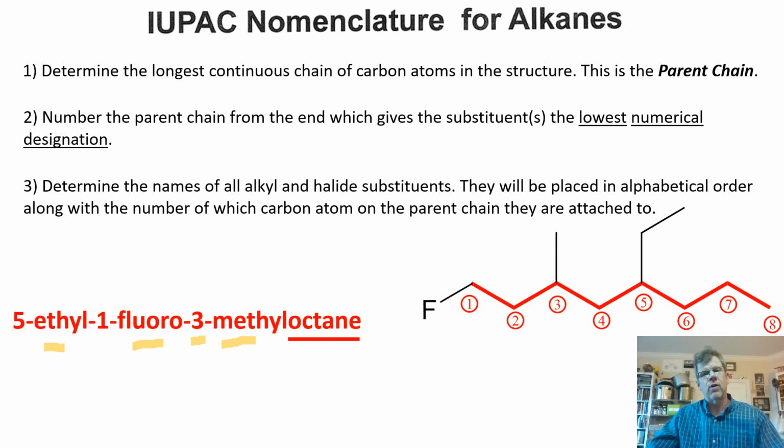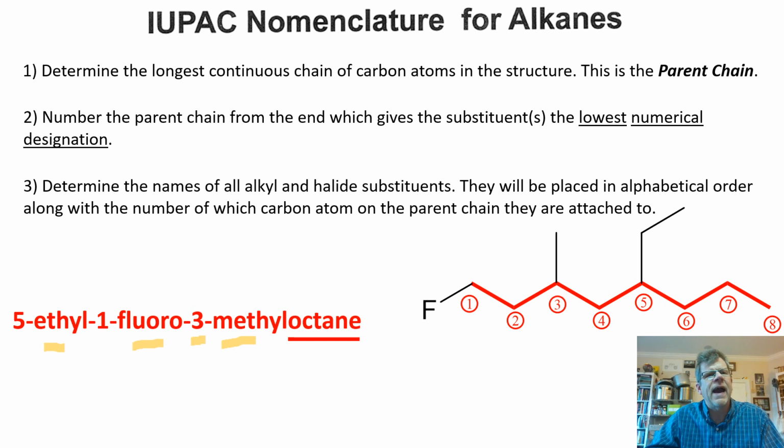So slowly drawing these in, it just becomes like following a recipe for baking a cake or something like that. It's much more straightforward. We don't have to deduce which way we're going to be numbering, and which substituent goes with what number, and putting it in alphabetical order as we did going from structure into the actual name. This gives us a lot more freedom to move forward.